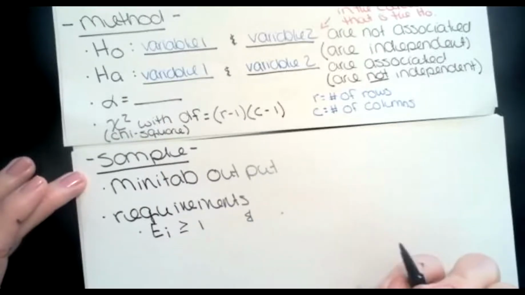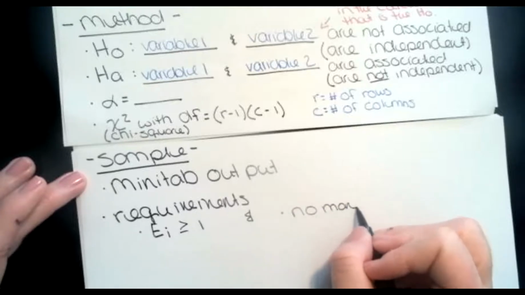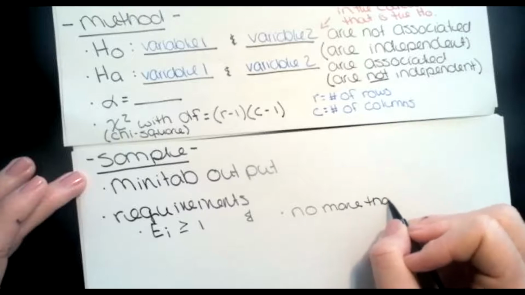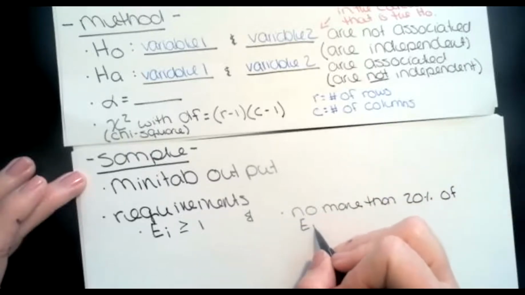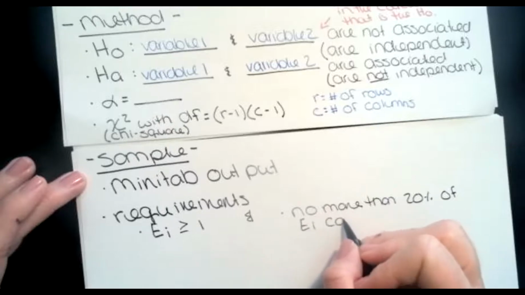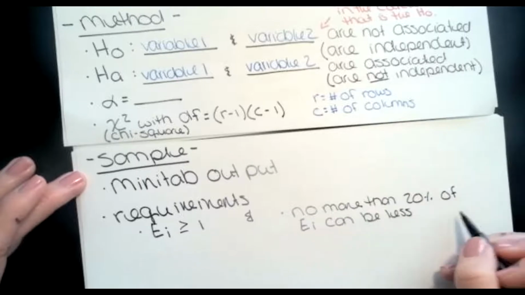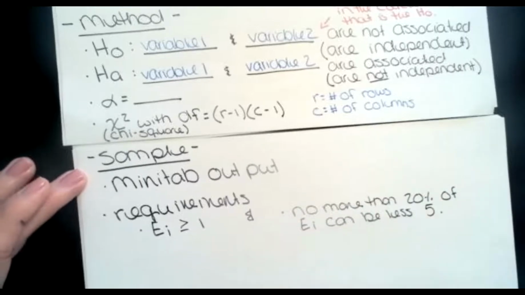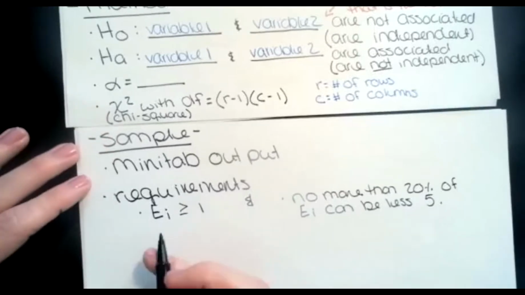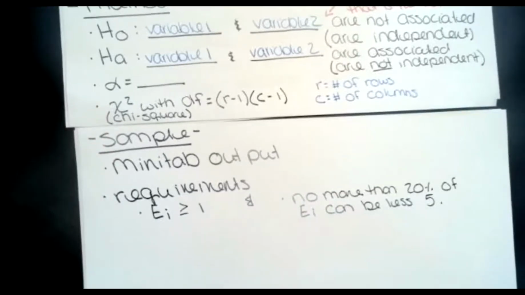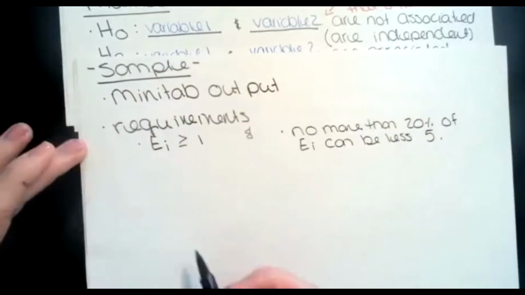And I have to check that no more than 20% of the expected counts can be less than 5. I was going to use a symbol, but that's okay. Remember, we'll just do a quick statement. It doesn't have to be a whole paragraph there. Just a quick little statement.